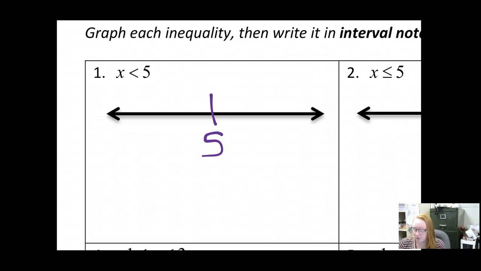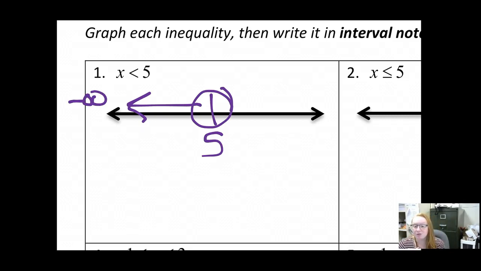We're going to use an open dot on this because it's an inequality and it has no equal sign. And then it's going to point this direction. In class I go towards my desk or towards the door. At home you can do left or right, but I know some of us struggle with that. So this points all the way to the end towards negative infinity.